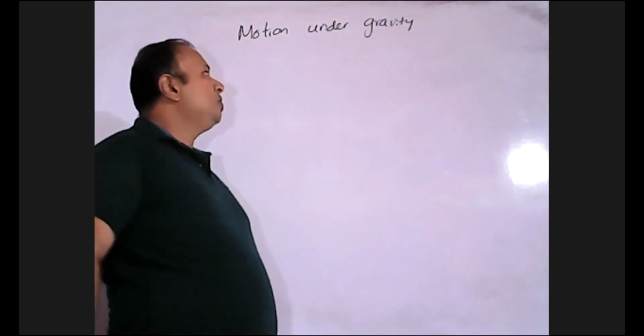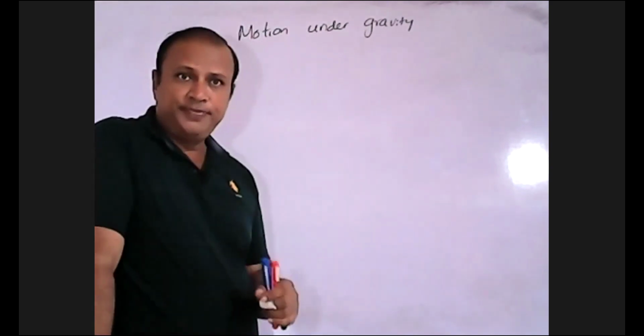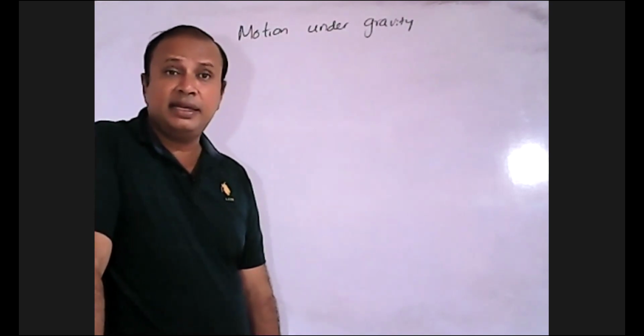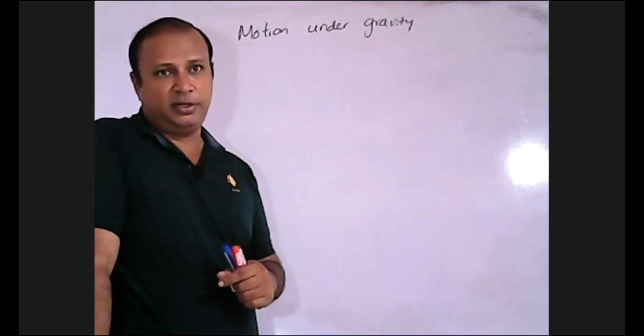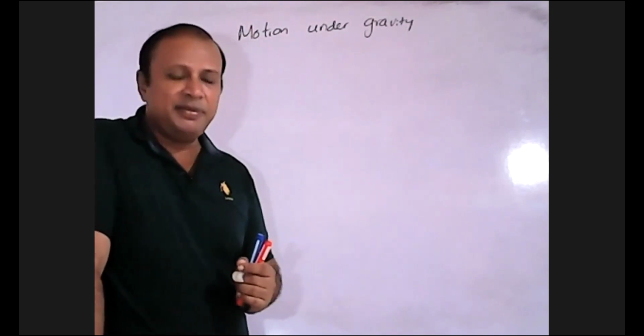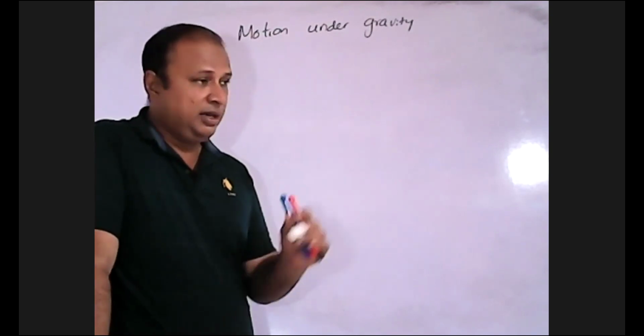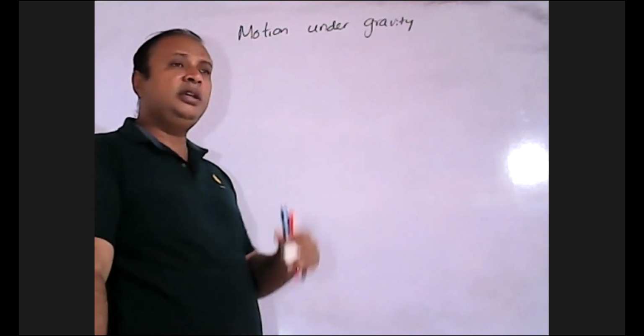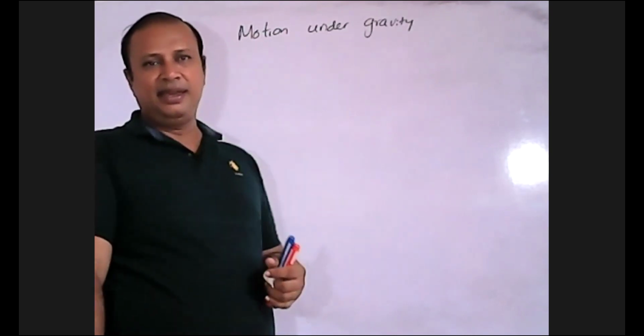Okay. So due to the gravitational force, there is an acceleration. That acceleration can be considered as a constant acceleration. It is not a constant value, but it is almost constant.